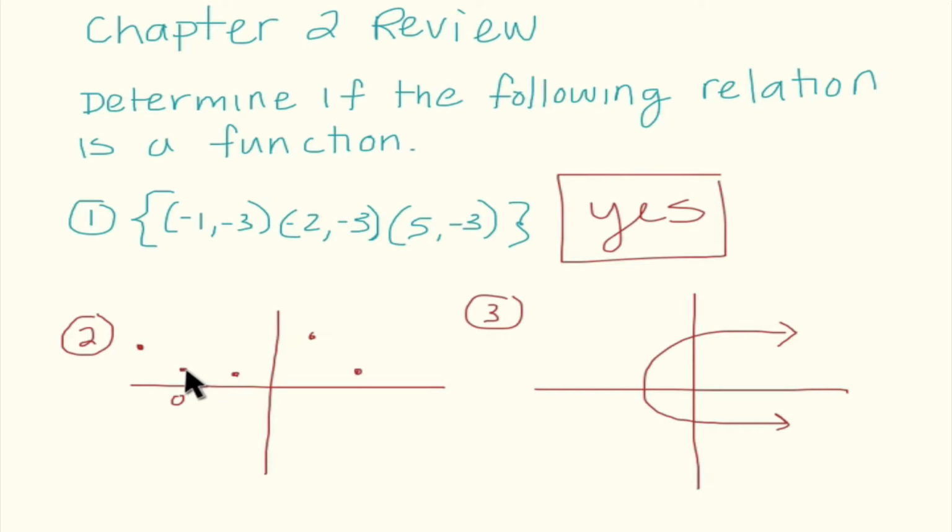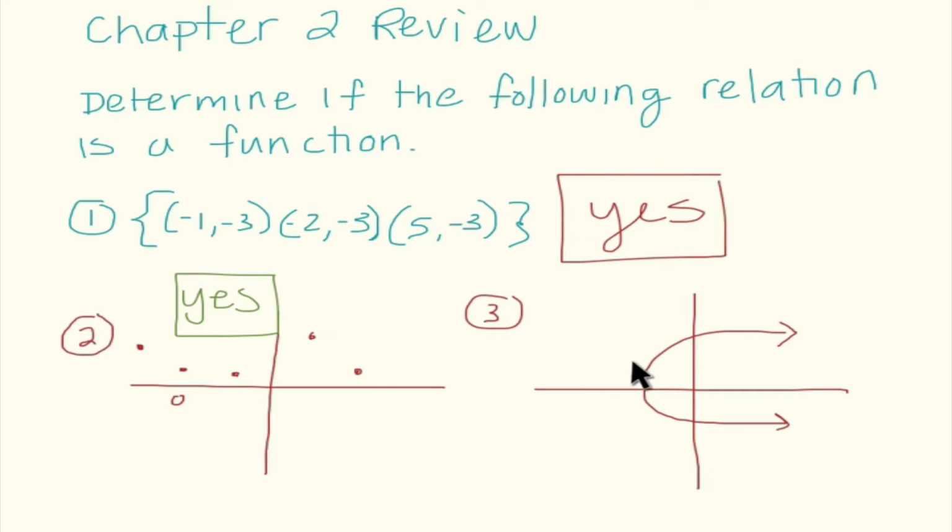However, I want to point out a point is a solution, an open circle, not a solution. So this is actually not an output. So as I go across, every single input has only one output. So for number 2, we would say, yes, that is a function.